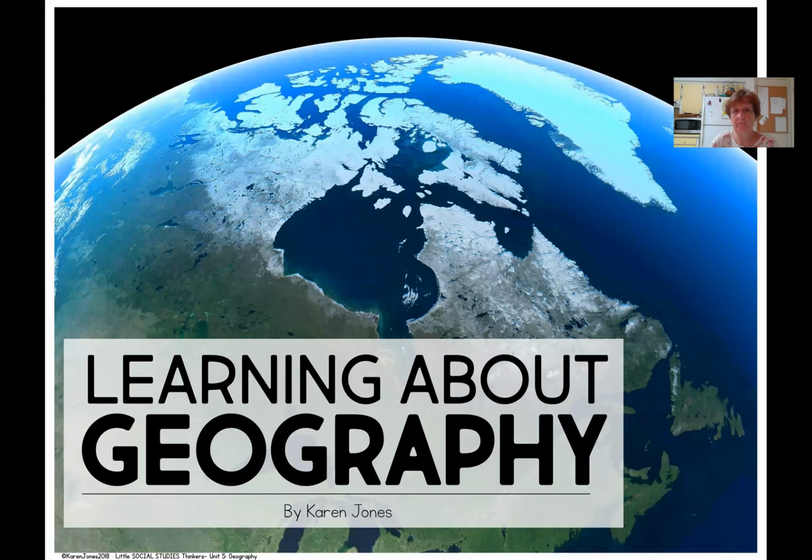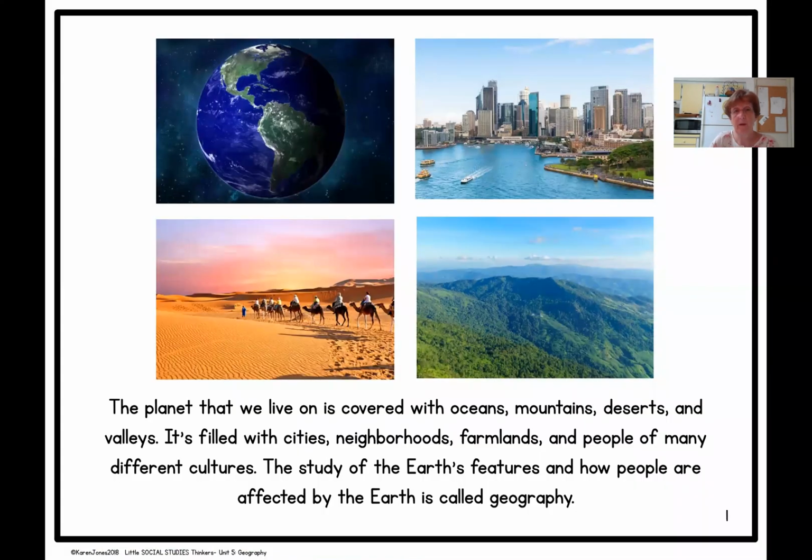We're going to find out in the book called Learning About Geography. The planet that we live on is covered with oceans, mountains, deserts, and valleys. It's filled with cities, neighborhoods, farmlands, and people of many different cultures. The study of the Earth's features and how people are affected by the Earth is called geography. The little girl with the bubble was the question, what is geography?